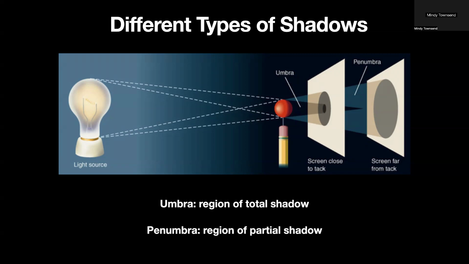But essentially, if you are in this umbra region where it casts a dark circle here, the light source is completely blocked out. And if you're in the penumbra, which is this lighter shade and extends beyond here, the light source will only be partially blocked.